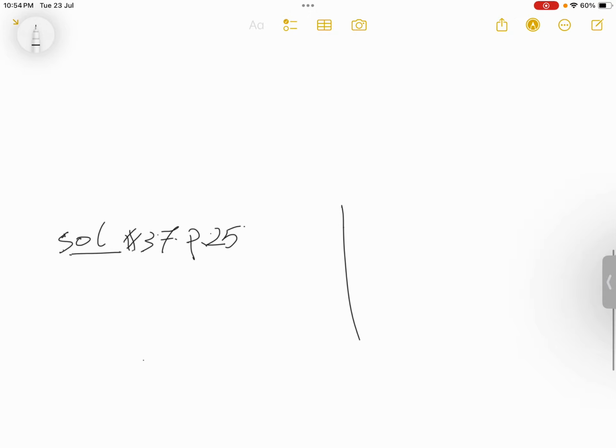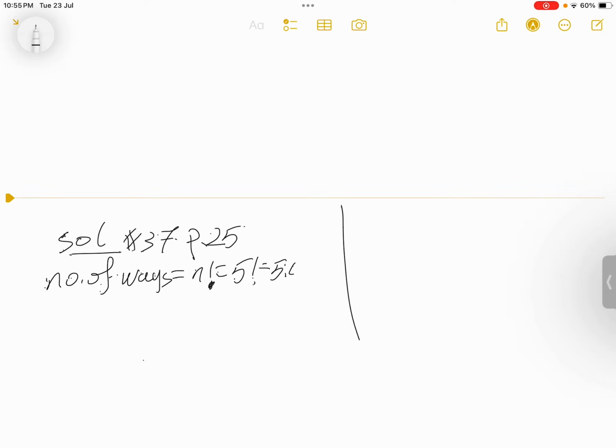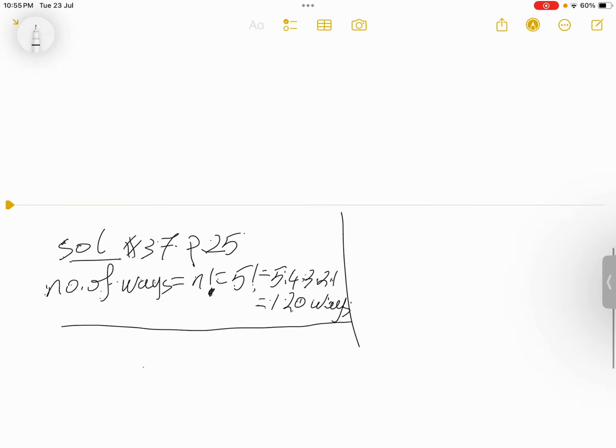With 5 persons, the number of ways equals n factorial, which is 5 factorial, which means 5 by 4 by 3 by 2 by 1, which is 120 ways. This is question number 37.